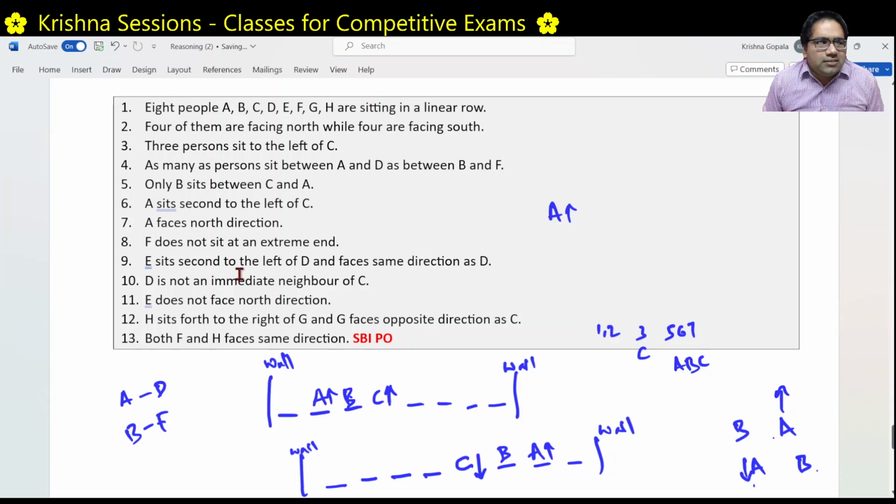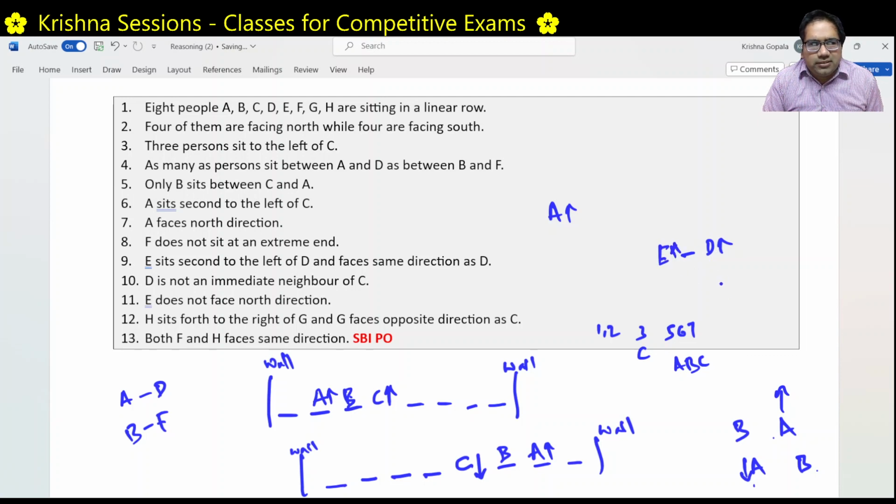Okay, E sits second to the left of D and faces the same direction as D. So if D is north, then E will be to the left of D. E will be like this, right?